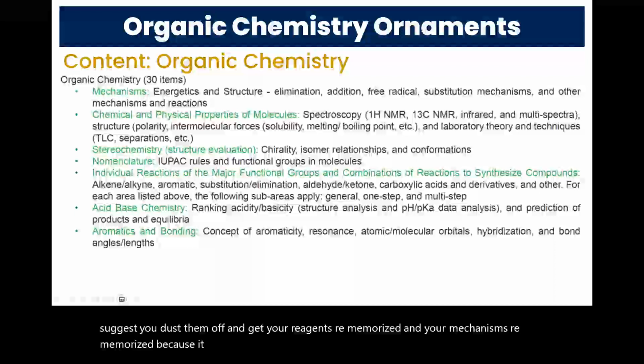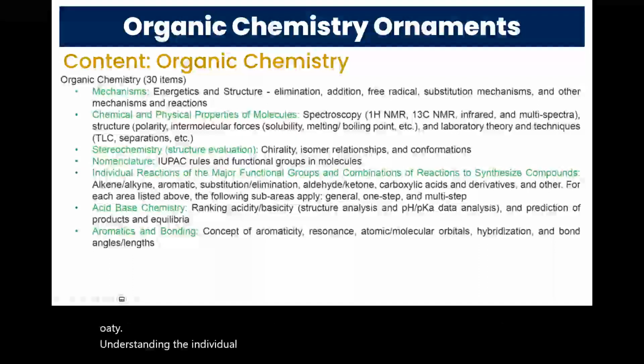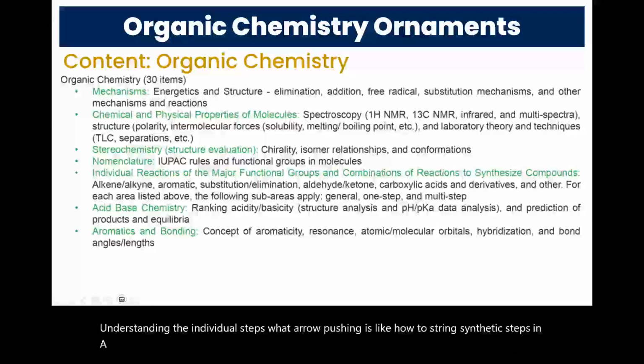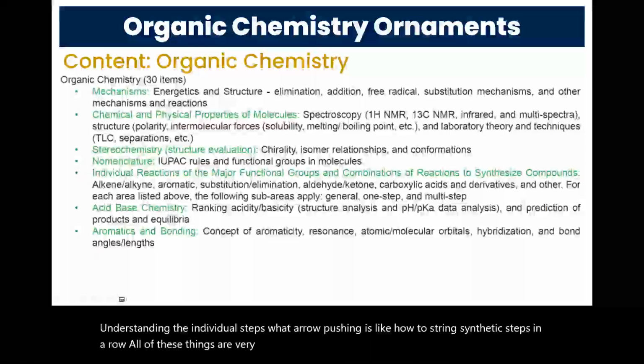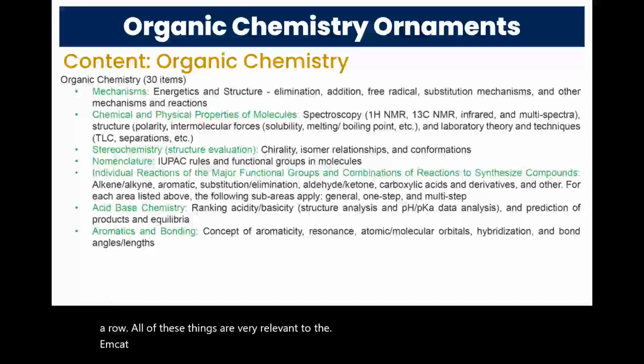Both of those things are necessary for the DAT and the OAT. Understanding the individual steps, what arrow pushing is, how to string synthetic steps in a row. All of these things are very relevant to the MCAT, or sorry, not the MCAT. I was just looking at something that said MCAT, to the DAT, the OAT.